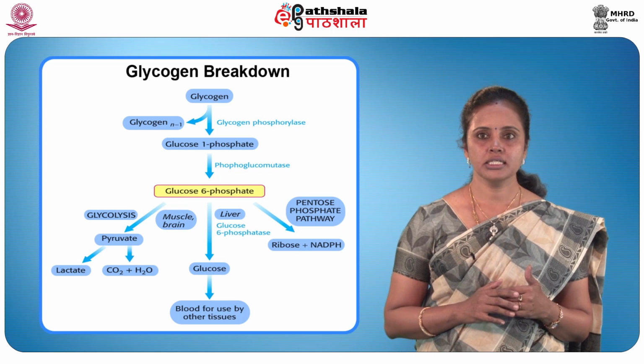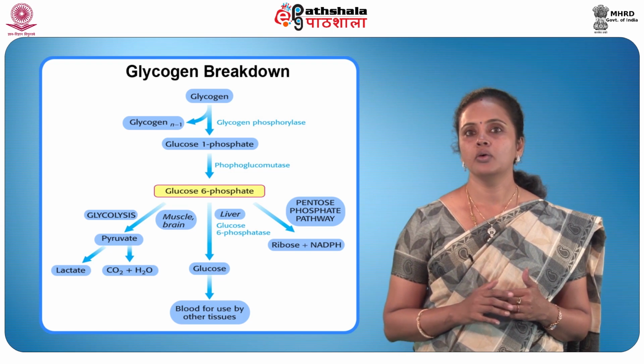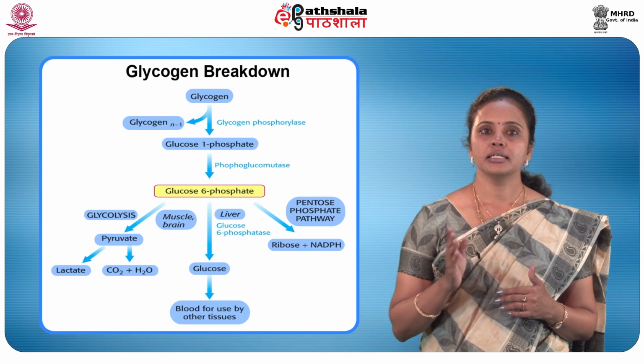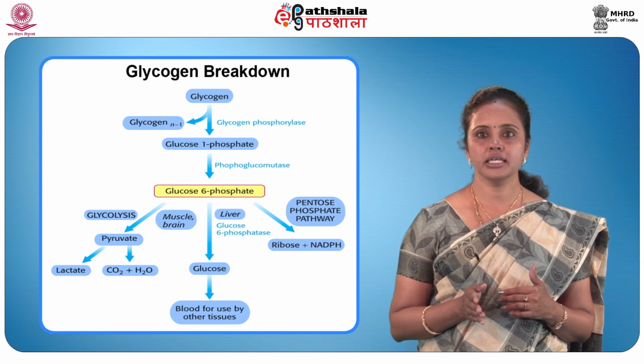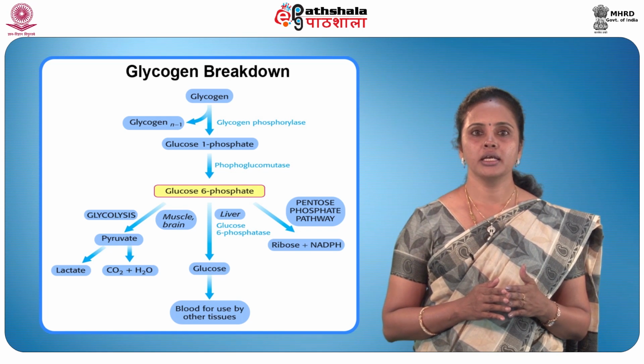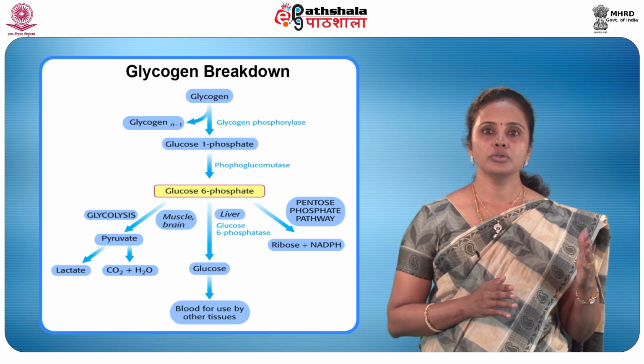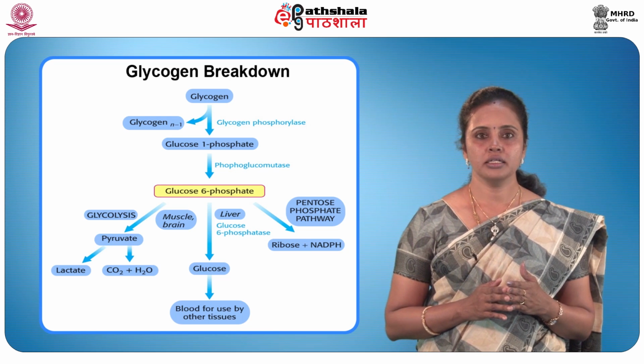It would be nice if this intermediate can be converted to something which will enter into glycolysis. This is done by the enzyme phosphoglucomutase that converts glucose 1-phosphate produced from glycogen breakdown to glucose 6-phosphate in order to enter glycolysis or to produce glucose in the liver. 90% of glycogen is phosphorolytically cleaved into glucose 1-phosphate, which is then isomerized to glucose 6-phosphate, whereas 10% are the branched residues which are hydrolyzed into glucose, which can be phosphorylated into glucose 6-phosphate.